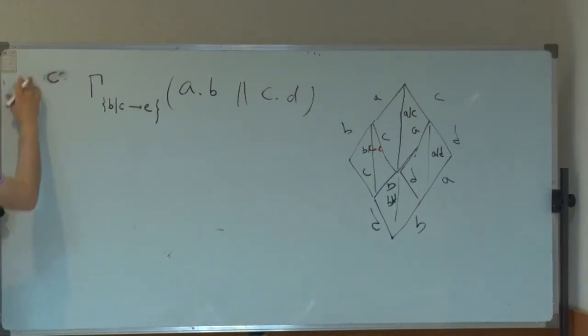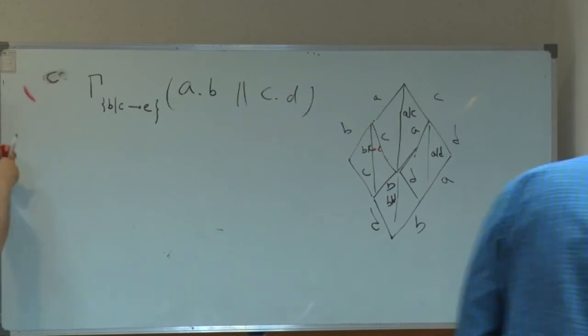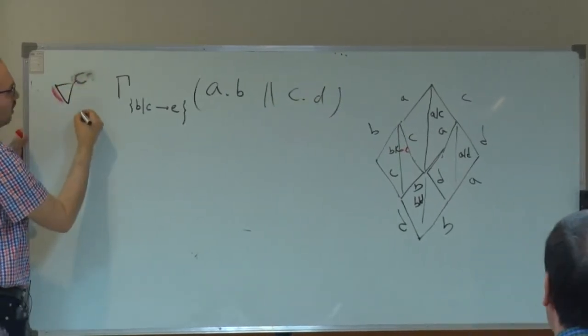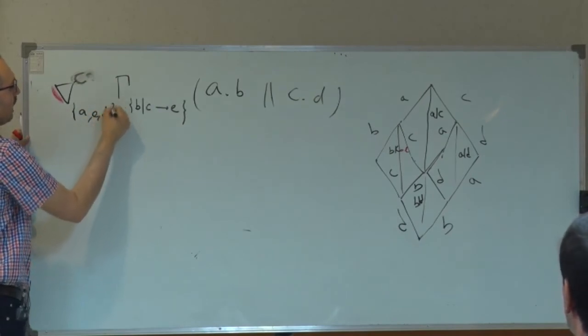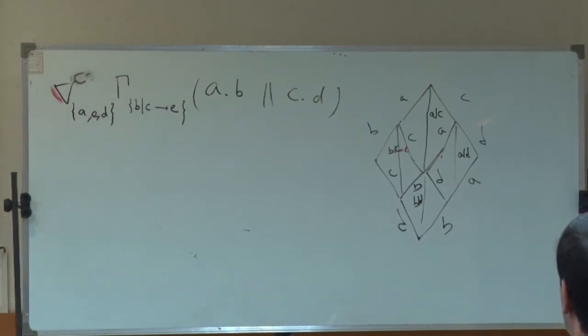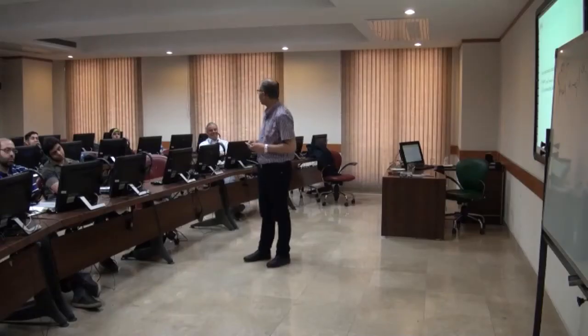Then we allow A, E, and D to happen. Who volunteers to apply this one? Do you want to do that?